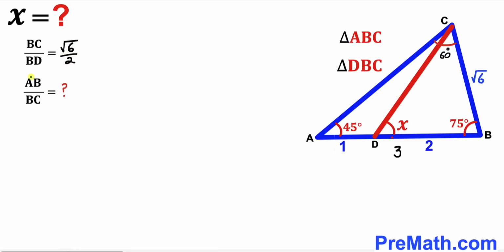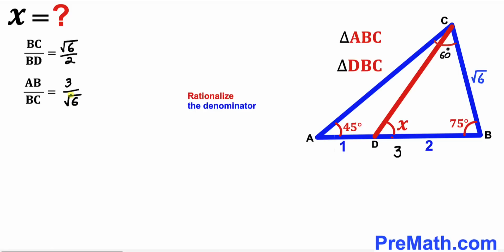And likewise, now we are going to calculate the ratio of these two side lengths, AB and BC. And in our case, this whole AB side length is 3. And our BC side length is square root of 6. So therefore, I can write 3 divided by square root of 6.